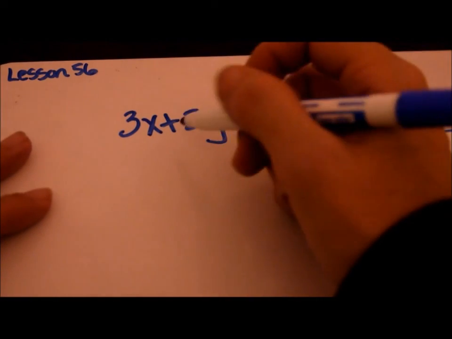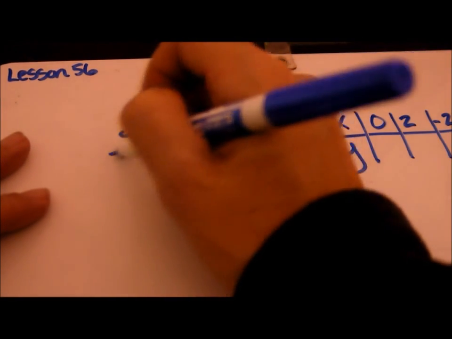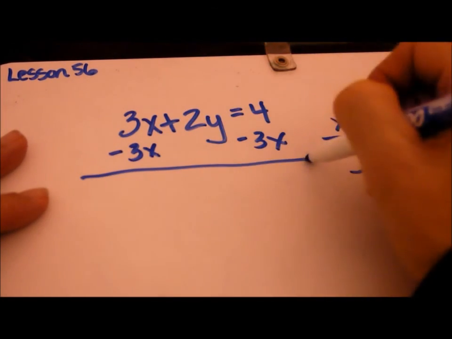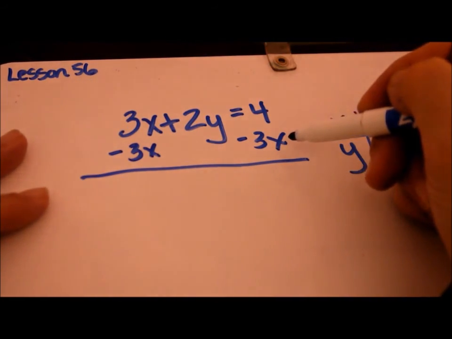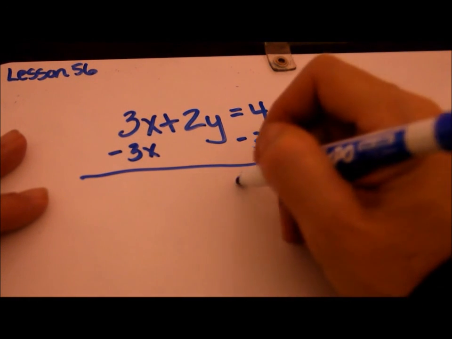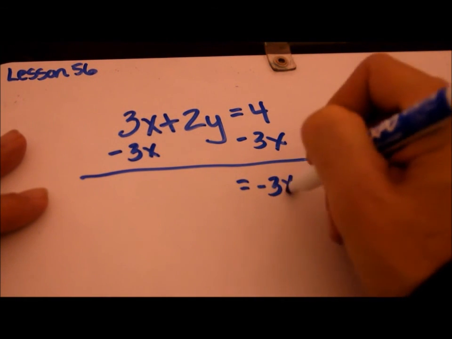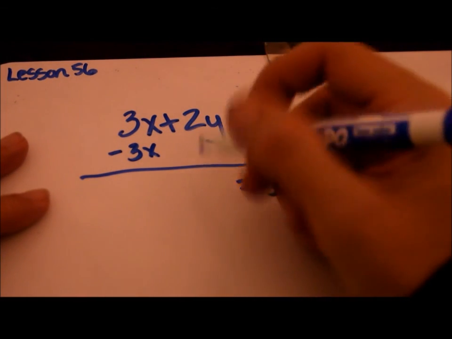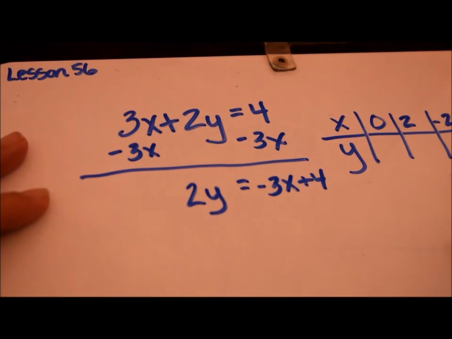So let's first get y by itself. We're going to subtract 3x from both sides. Now, 4 can't take away 3x. These are not like terms, so they're going to have to be next to each other, like that. I always start with the x first. And then 2y is here.